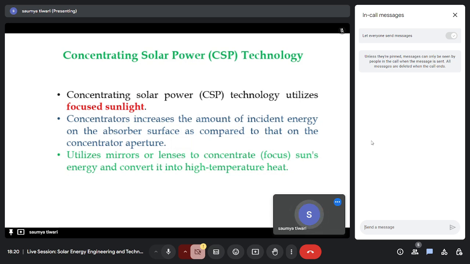So basically we utilize mirrors and lenses to concentrate the sun's energy and convert it into high temperature heat in a concentrating solar power technology.